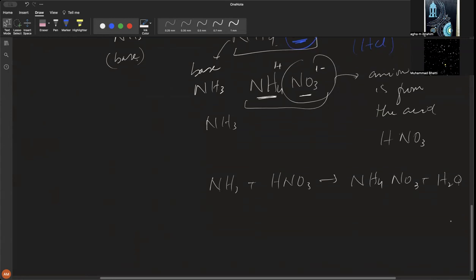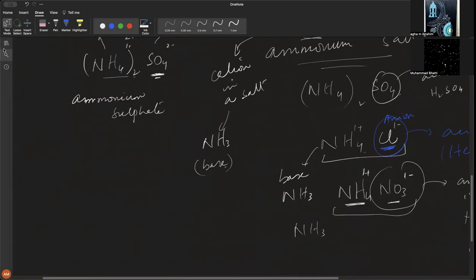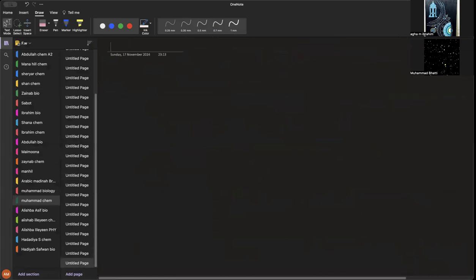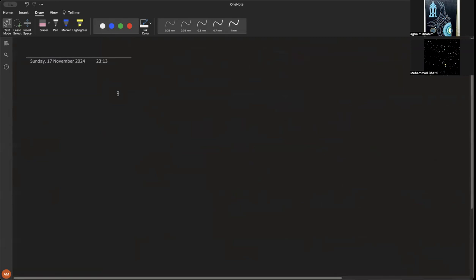All right. So let's move on to another important part of understanding. Generally, when we talk about salts, we divide them in two ways.